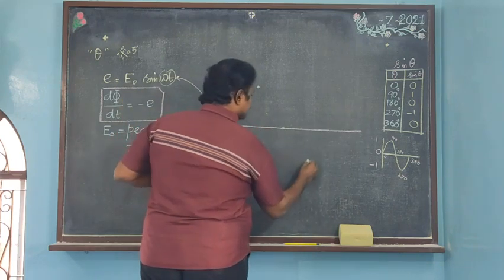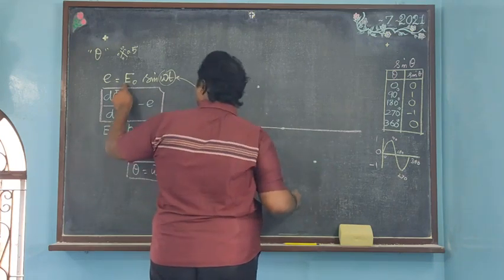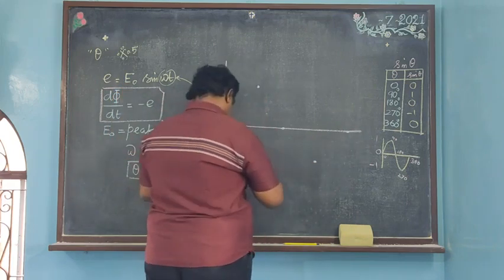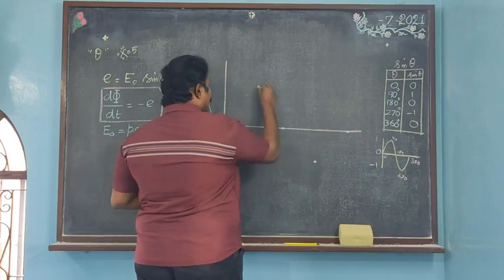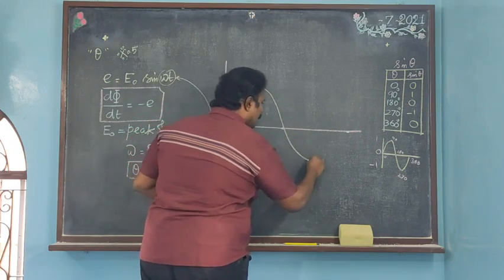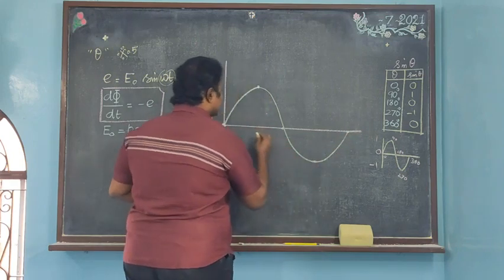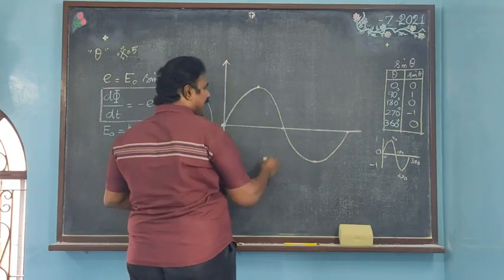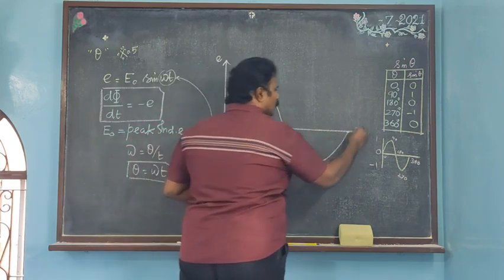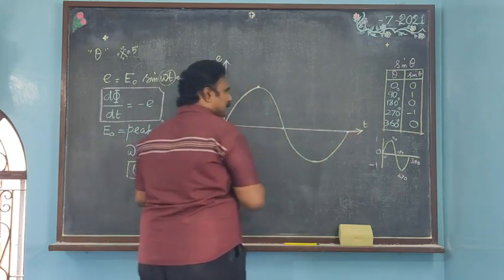Minus 1 into E naught is equal to minus E naught. Next 360 degree is going to be once again 0. I am linking all these dots together. This provides me the value of the induced EMF with respect to the time.